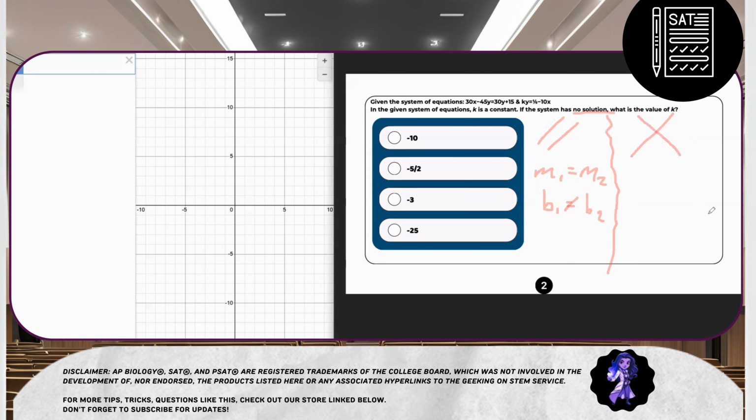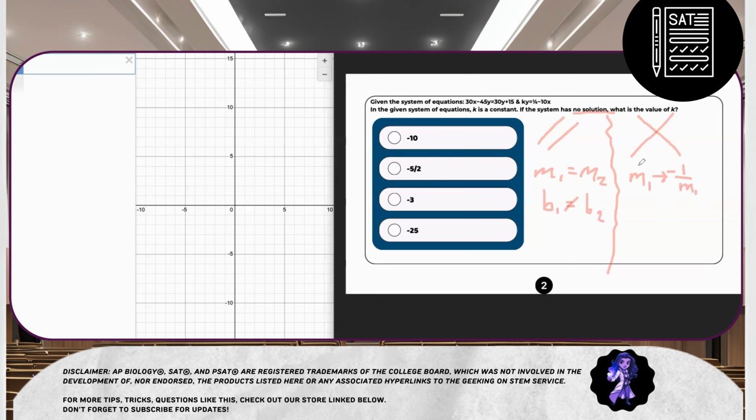That would form an X, or it would be perpendicular, which means that M1, the slope of the first line, would be the negative reciprocal of M2. Let me reiterate that again.